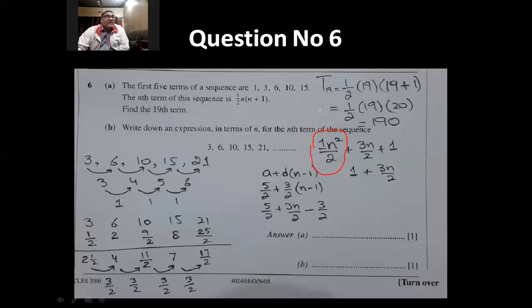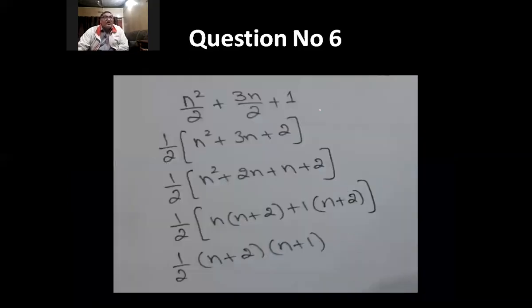So this was one way, and let me show you another way. We have n squared by 2 plus 3n by 2 plus 1. I can take 1 by 2 common. So it becomes 1 by 2 into n squared plus 3n plus 2. Now mid-term breaking can be done here: 1 by 2 into n squared plus 2n plus n plus 2.